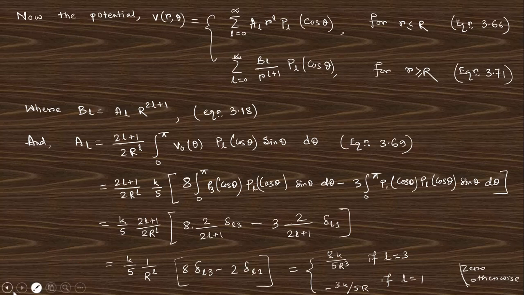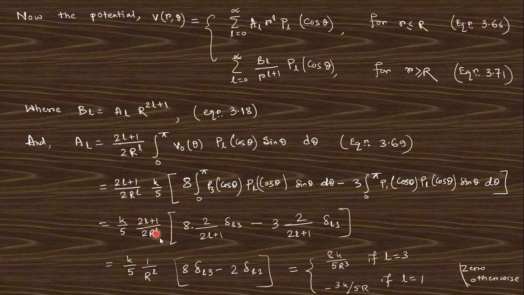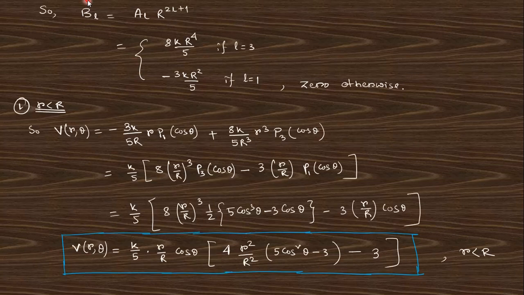Go to the next question. Sorry, after putting the value of A_l you will get the value of B_l. We just put this value when l equals 3 and l equals 1, these are present, otherwise this will give the value 0. For r less than R, V(r) will be this expression with respect to A_l.